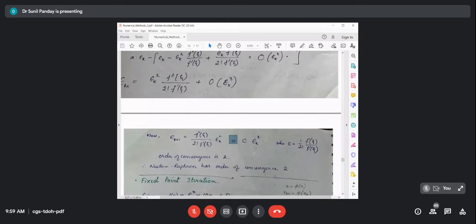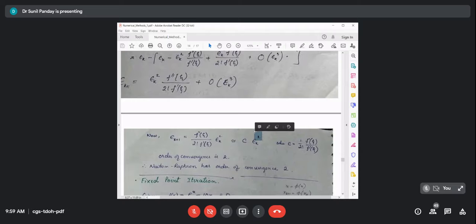So here we are getting the exact form of the error equation: epsilon k plus 1 is equal to C into epsilon k raised to power 2. It means the Newton method has order p, and this p is 2 here.